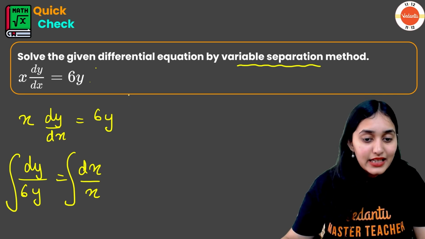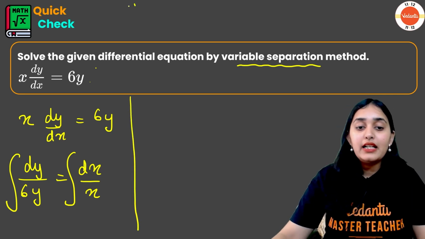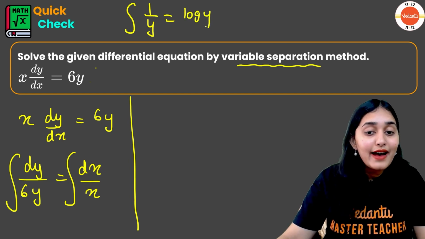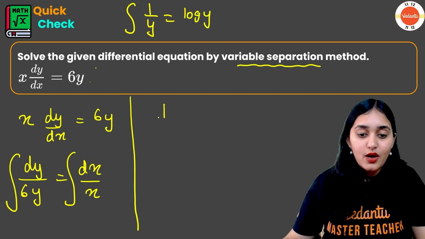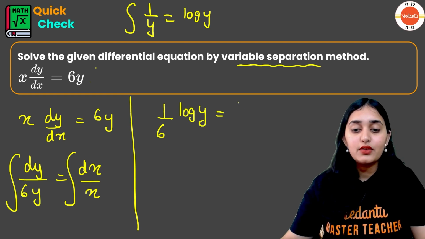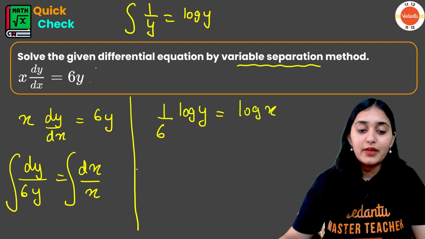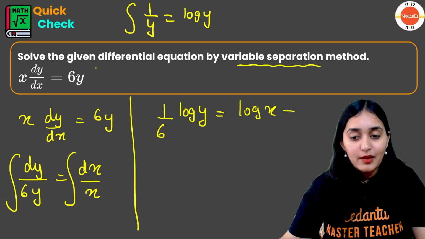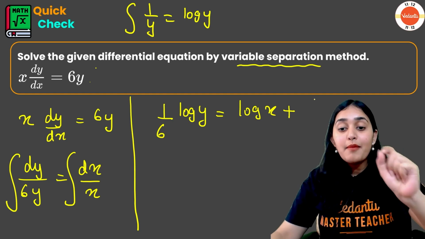When you integrate, integration of 1 upon y is log y. So you will get 1 by 6 log y is equal to log x, because integration of 1 upon x is log x, plus some constant.